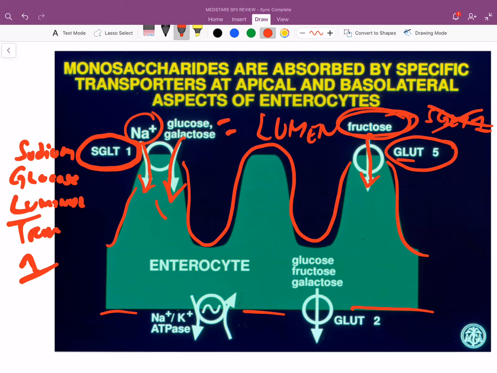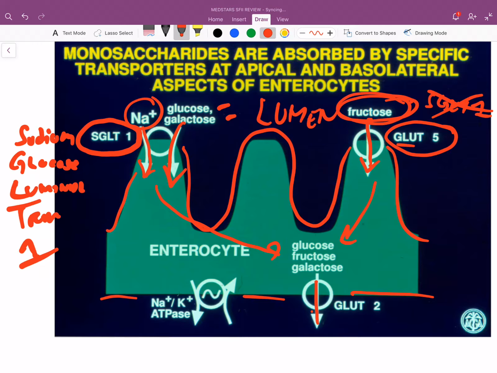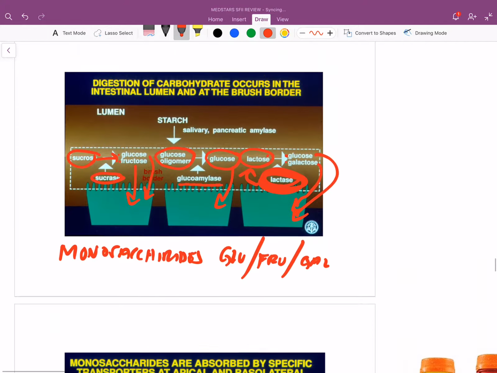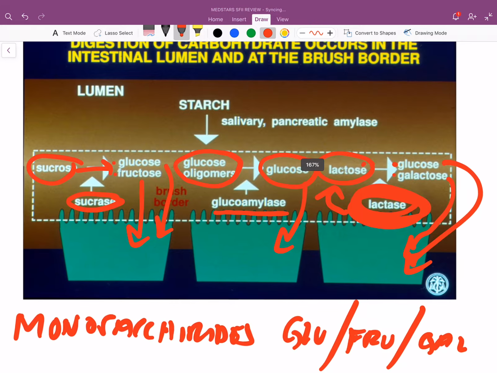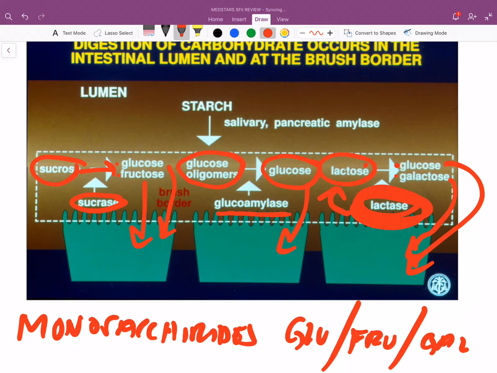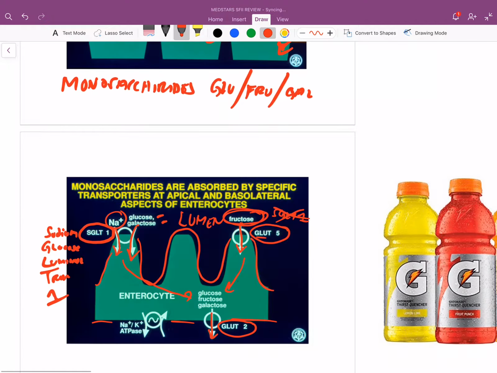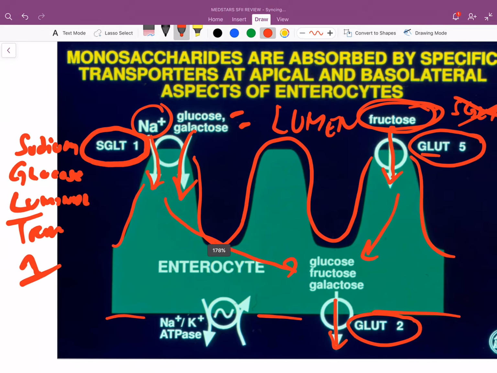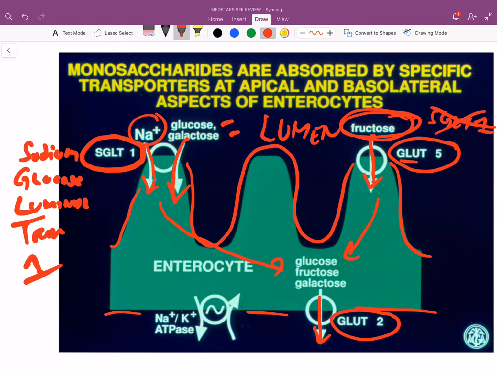Now, once all of these guys get into the cell, how do they cross into the blood? Well, that one's easy. They all use GLUT2. So there's a lot of discrepancies here, because as I said earlier, all these sugars get digested by brush border enzymes, and then over here I'm saying they don't all use the same doorway to get into the cell.